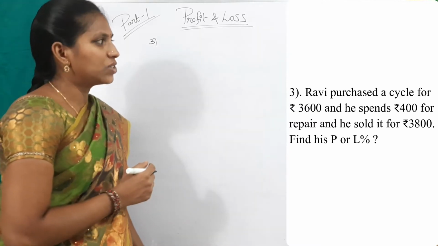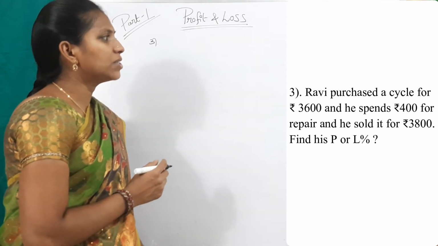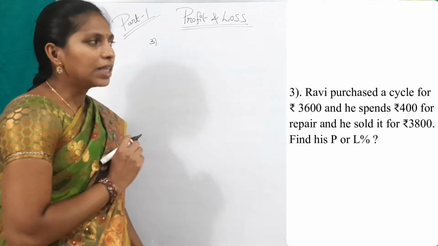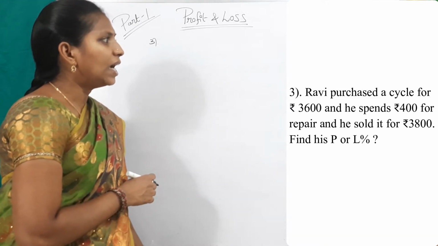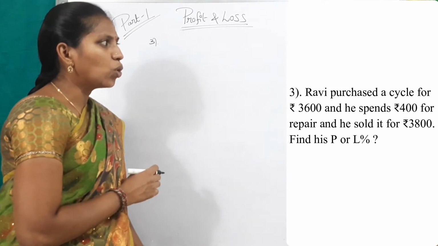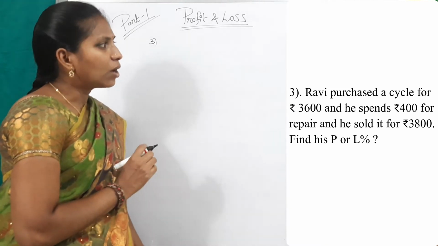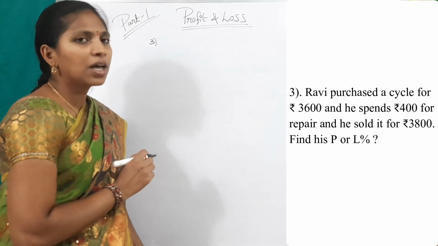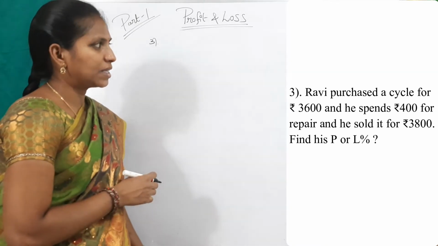Now see third question. Ravi purchased a cycle for 3,600 rupees and he spends 400 for repair and he sold it for 3,800. Find his profit or loss percentage.